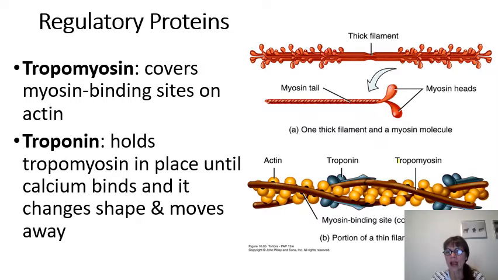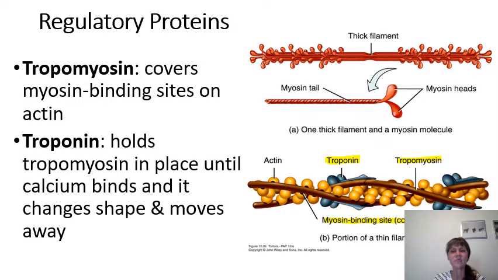Tropomyosin is this brown protein strand that covers over the myosin binding sites found on actin. When calcium is released by the sarcoplasmic reticulum into the sarcoplasm, calcium will bind to troponin. Remember, when molecules bind to one another, it changes their shape.